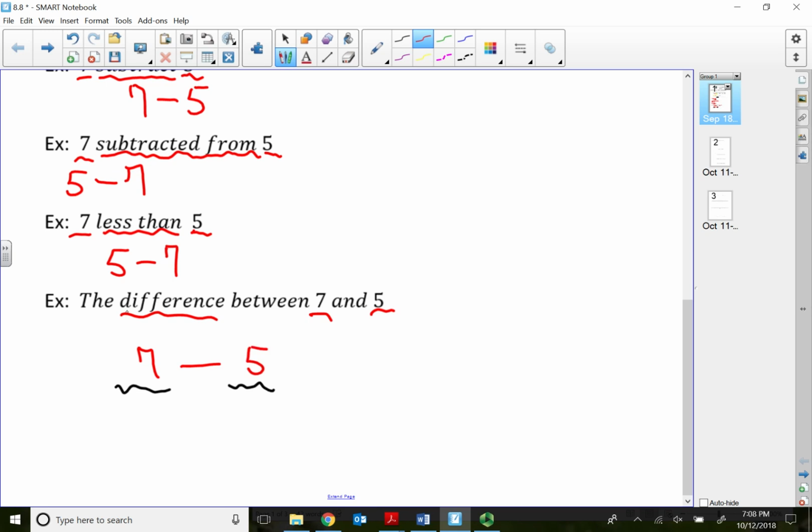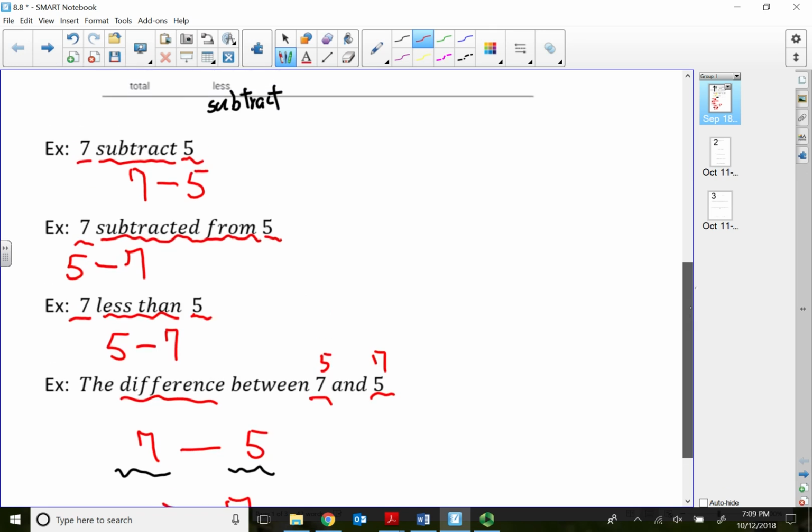So the difference between 7 and 5 translates to 7 minus 5. Why do I put 7 in the front? Because 7 comes first in the sentence. If the problem wants me to put 5 up front and 7 on the back, it would say the difference between 5 and 7.